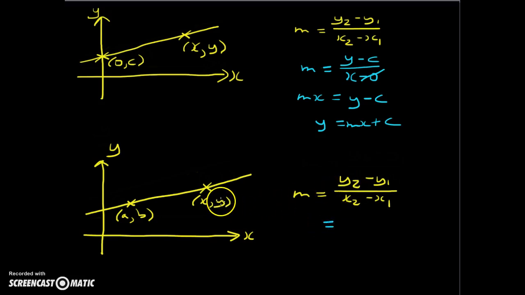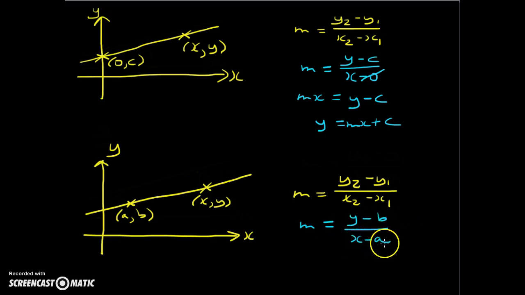So y2 minus y1. Well, y2 is y and y1 is b. So y minus b. And on the denominator, we've got x2 minus x1, so x subtract a. Put the m in there. Now let's see what we're going to do.